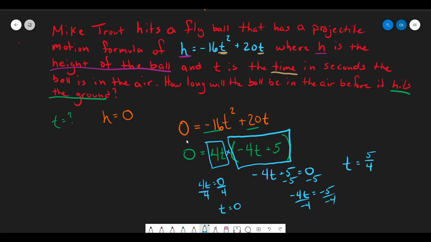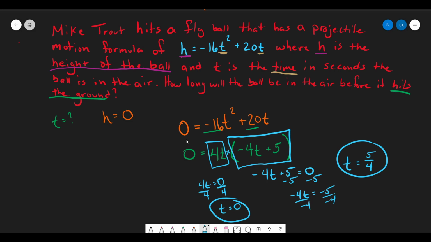Because this is a word problem, we have to think of this more in real-world terms. The question asks us, how long will the ball be in the air? I have two different answers here: 0 and 5/4. If I think about t being 0, a time in the air of 0 seconds, would that make sense?